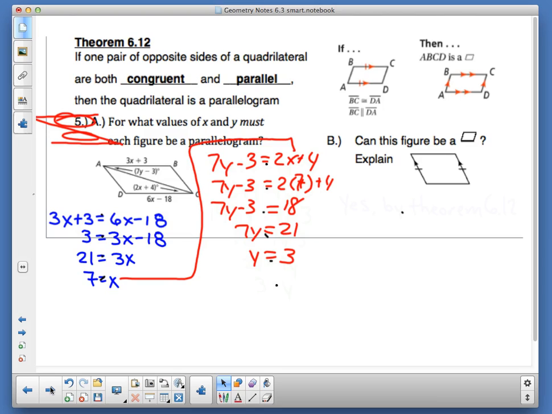Well, I've got one set of sides parallel and congruent. Theorem 6.12 states that if a quadrilateral has a side that's parallel and congruent to the other side, just one set, then it's a parallelogram. Totally will work. Okay, that's the theorem, just regurgitating what I just learned. Throwing it back at me.